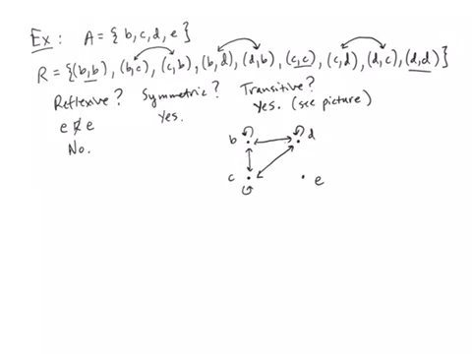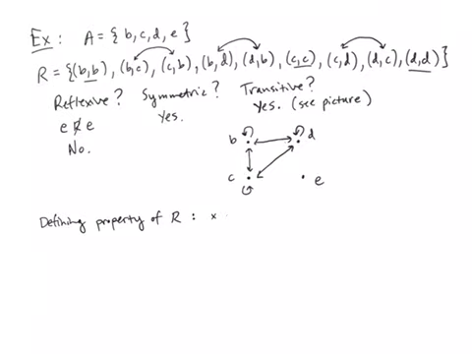So in this case, the defining property of R is that X R Y, let me say it that way.